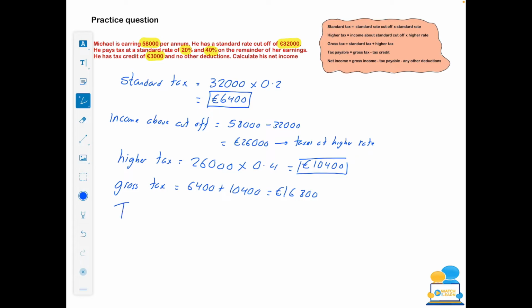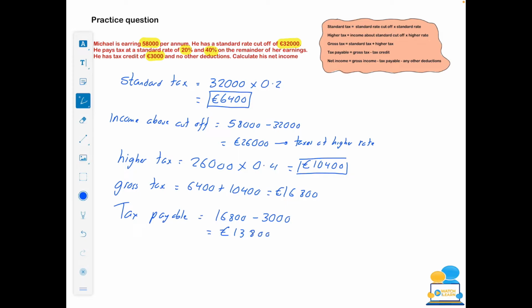But the tax he must actually pay isn't that much. The government basically say, okay, you're supposed to be paying 16,800, but because of your job or your living situation, etc., there's loads of various factors, we're actually going to take a little bit off of that.